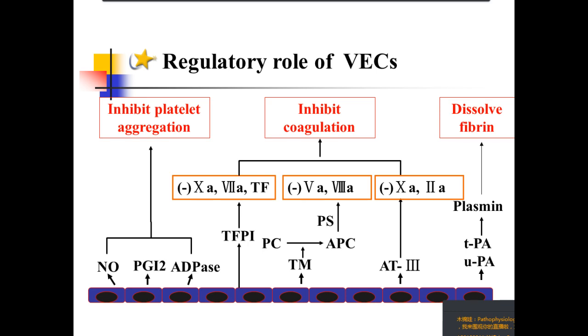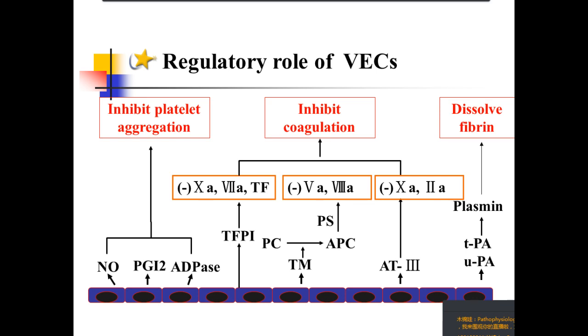So normal VEC can release TFPI, TM, and antithrombin 3. Do the three substances belong to the anticoagulation system or the coagulation system? They belong to the anticoagulation system. So normal VEC has anticoagulation function and inhibits coagulation.